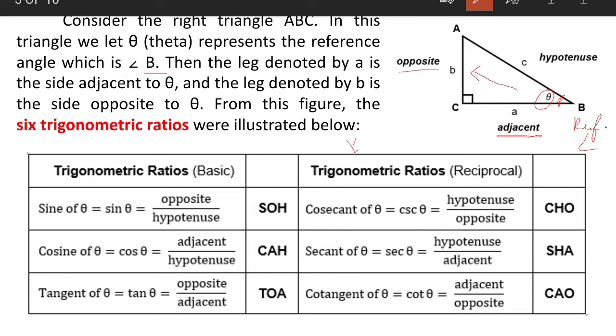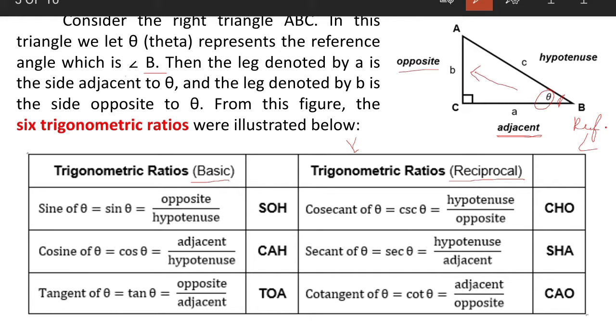So, ito yung table niya. By the way, we have 6 trigonometric ratios, but they are divided into 2. We have the basic trigonometric ratios and we have also the reciprocal trigonometric ratios. Once you familiarize or memorize the basic trigonometric ratios, it can be easy for you to get the reciprocal of the trigonometric ratios.